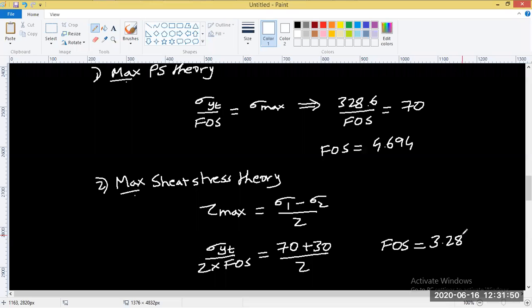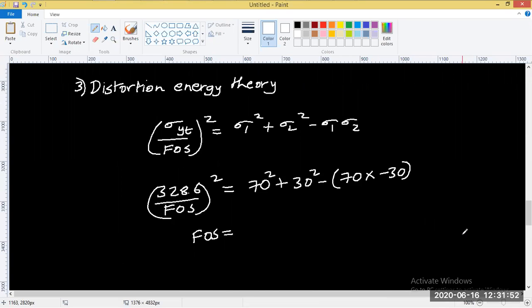3.28. You're right, and the last one is 70 squared plus 30 squared minus, or you can say plus, and 3 times 70 times 30 is 2100, and square root of that, and 3 to 8.6 divided by that.